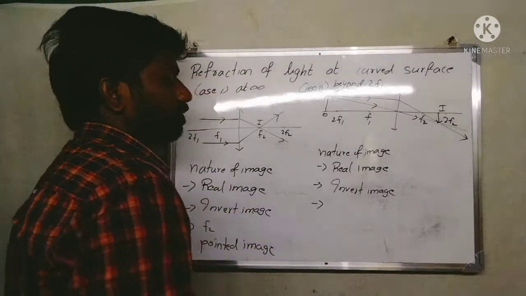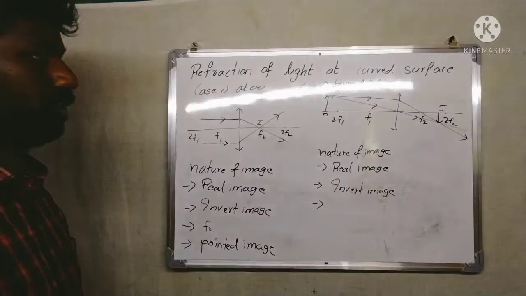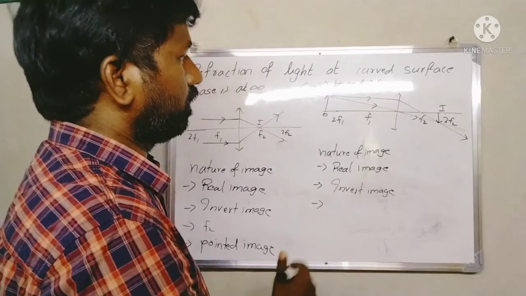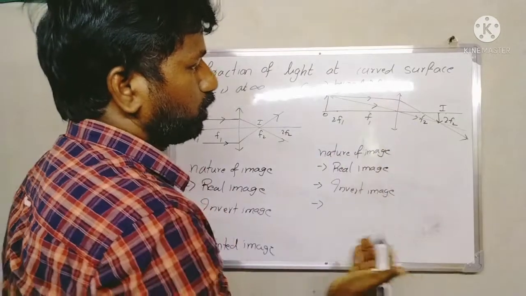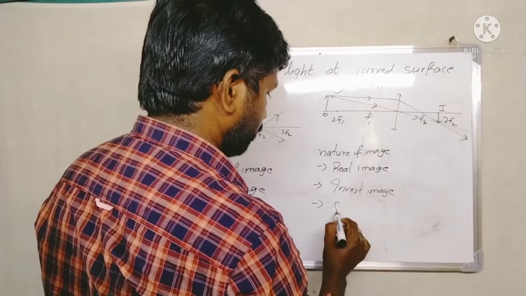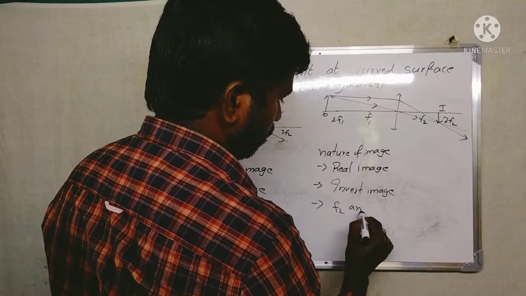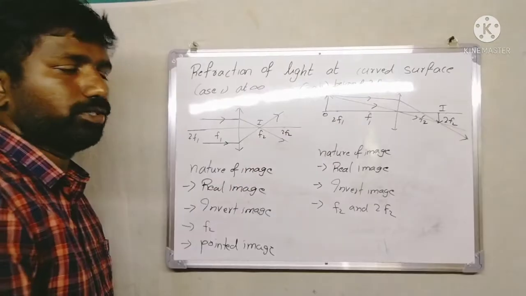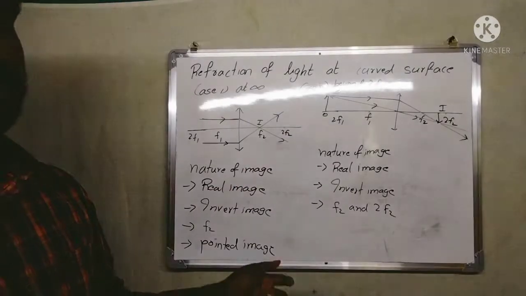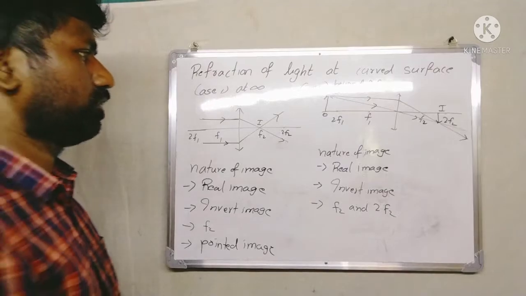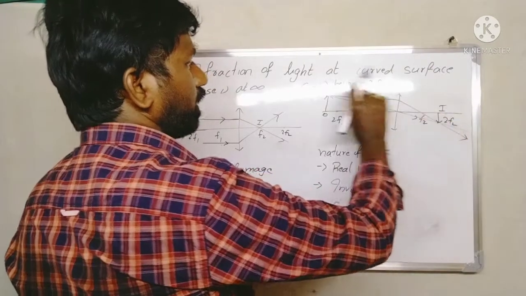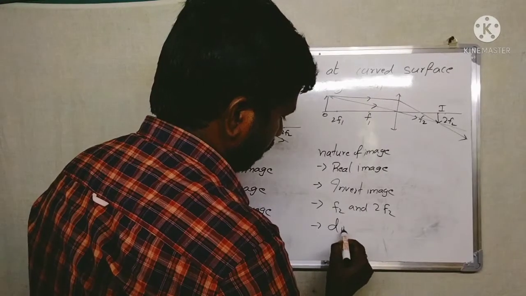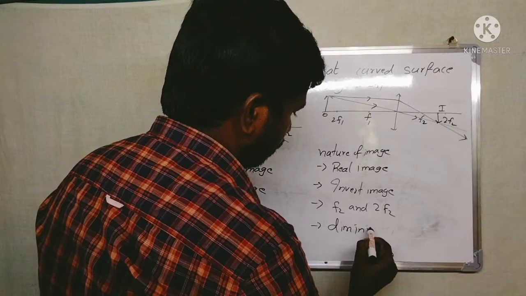The next one, where is the position of the image? The image position is between F2 and 2F2, and is that an enlarged image or a diminished image? A small image when compared to the object size is simply a diminished image.